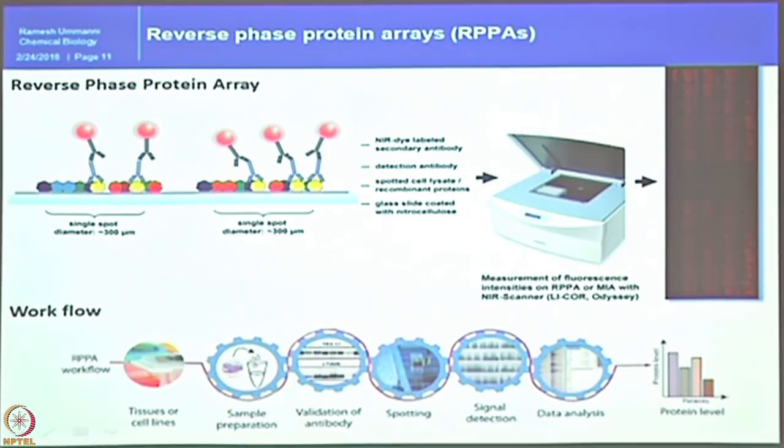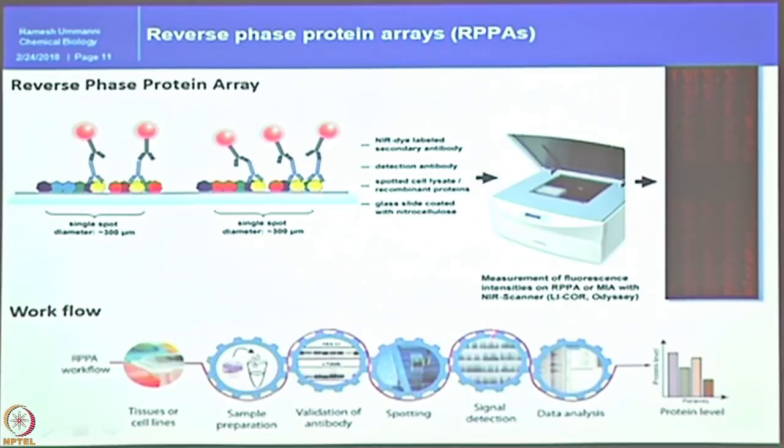Here is a complete workflow. I will walk through this complete workflow in the next 1 hour, step by step. First is the tissues or cell lines, what kind of samples can be analyzed, what are the different types of methods to apply for sample preparation, and then how to choose antibody, what are the different steps to be taken care of while selecting the antibodies for RPPAs, and how to avoid issues later on.